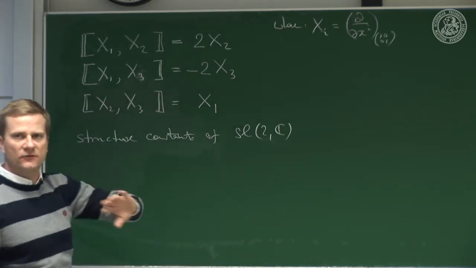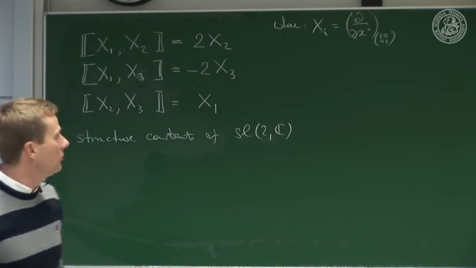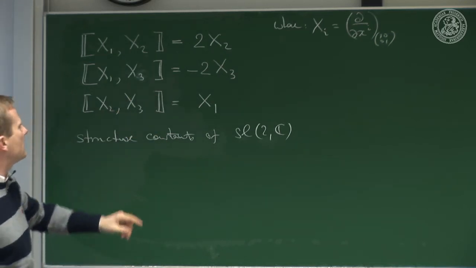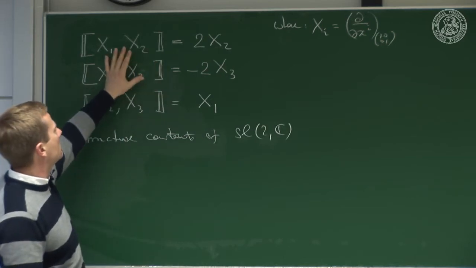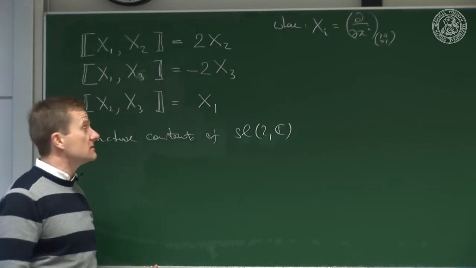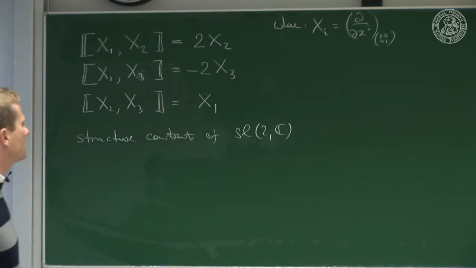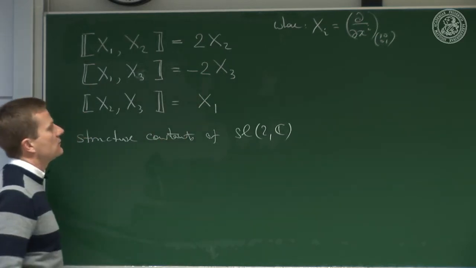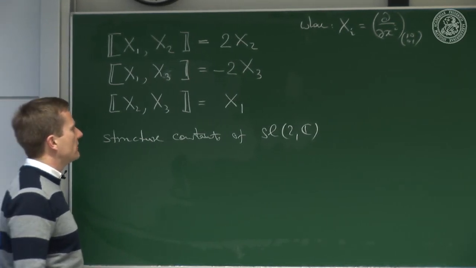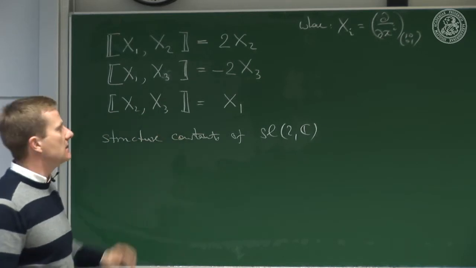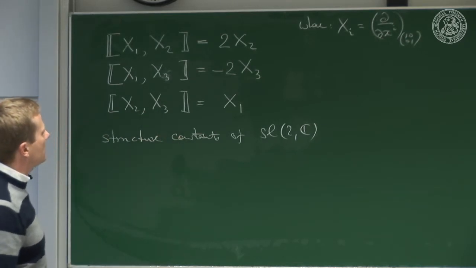If we had chosen different coordinates on the Lie group, we would have a different coordinate-induced basis in the tangent space, and you'd get different structure constants. So the structure constants depend on the basis, but of course we know how to transform between various bases. So in fact, it's enough to say in some basis they look like this. You can get another one.